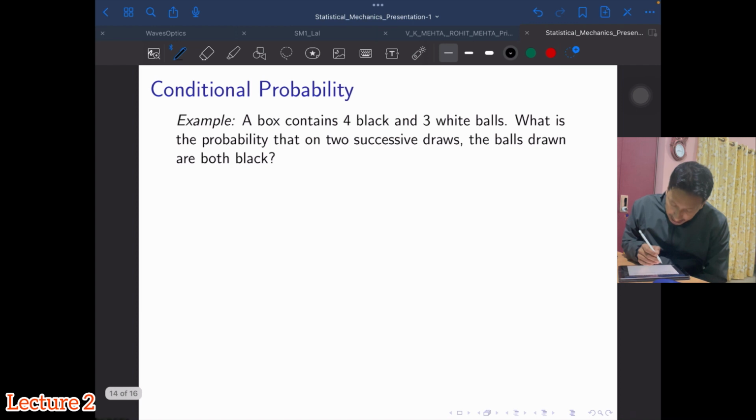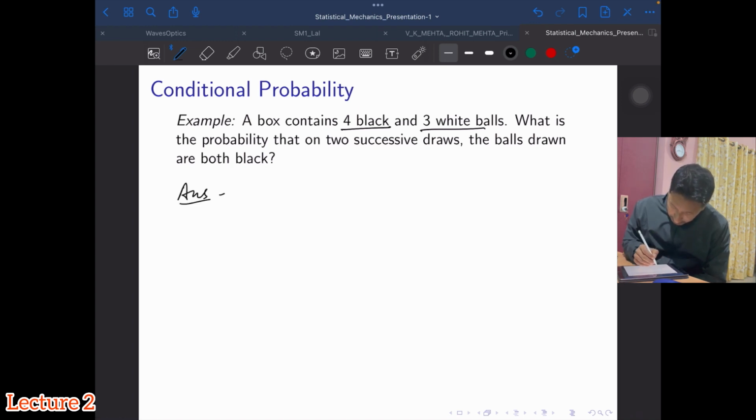Let's say a box contains 4 black and 3 white balls. What is the probability that on 2 successive draws, so we have taken out 2 balls from the box, the balls drawn are both black?